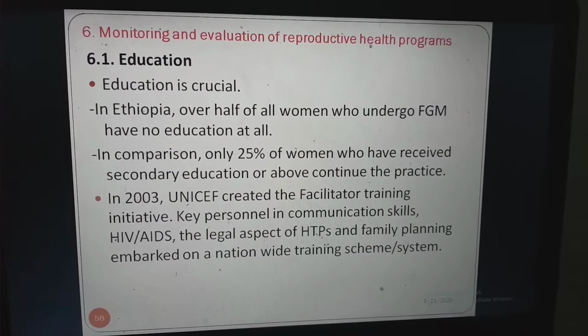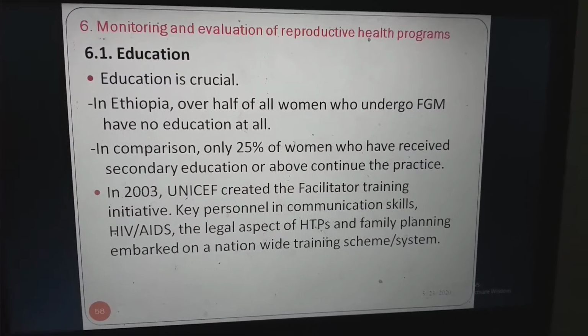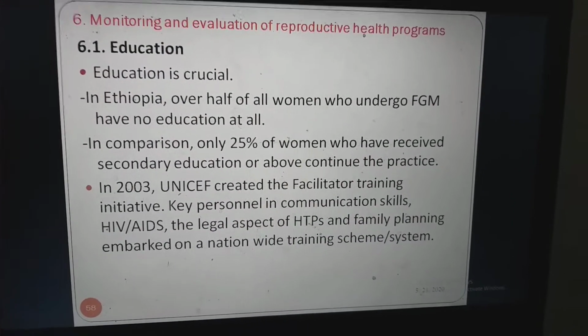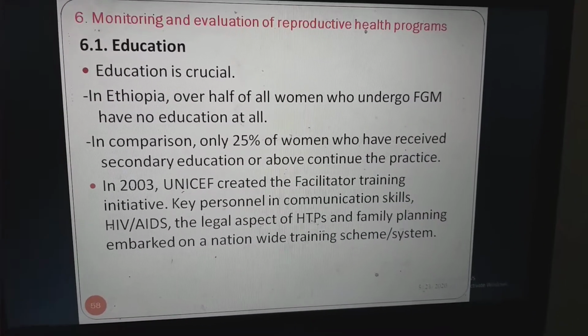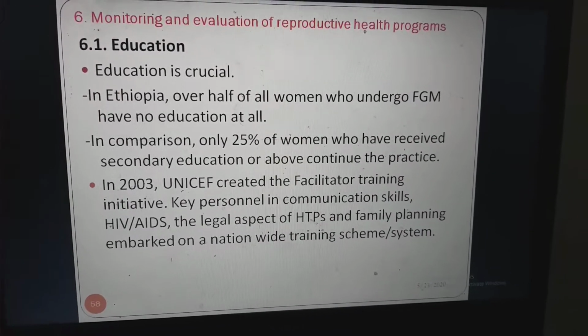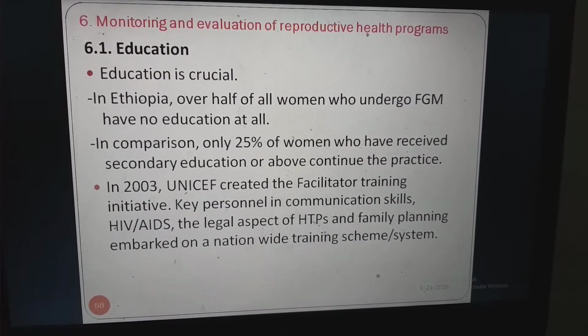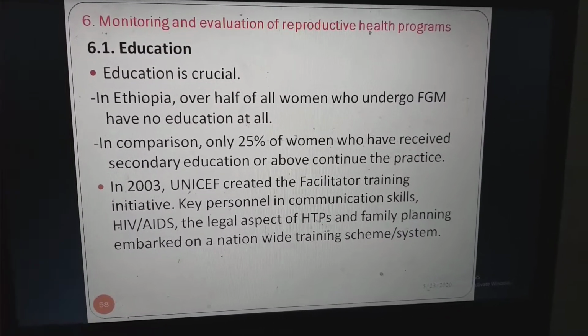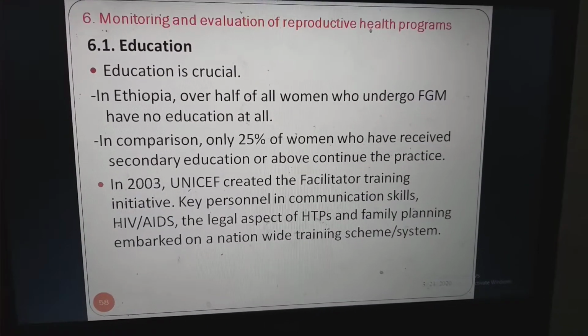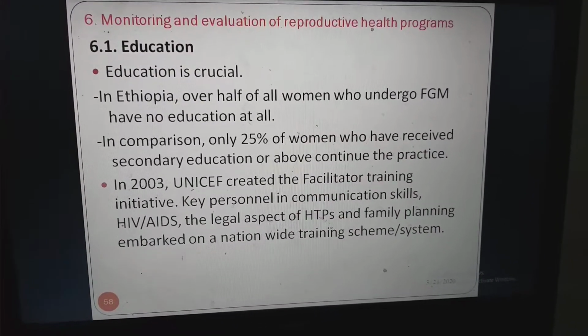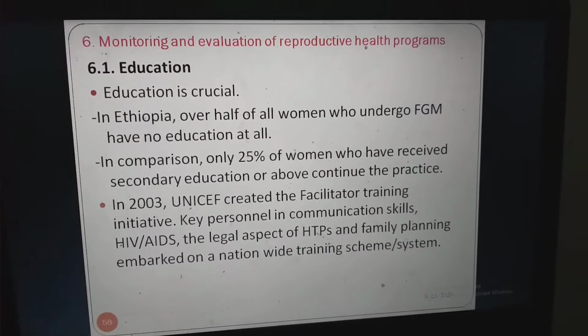In comparison, only 25% of women who have received secondary education or above continued the practice. In 2003, UNICEF created a facilitator training initiative, training key personnel in communication skills, HIV/AIDS, legal aspects of HTPs, and family planning, and embarked on a nationwide training scheme.